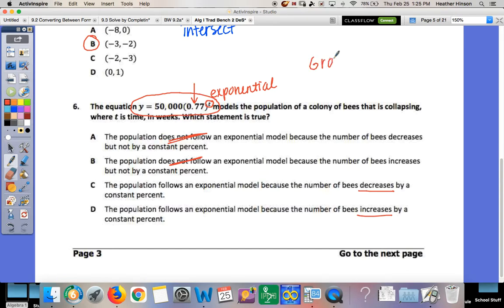Growth factors are going to be greater than 1. Decay factors are going to be between 0 and 1. So where does 0.77 fall? Right, that's between 0 and 1. So this is decay. So it decreases, which is C.